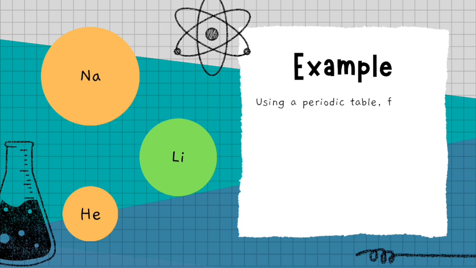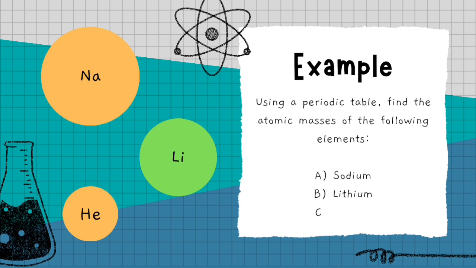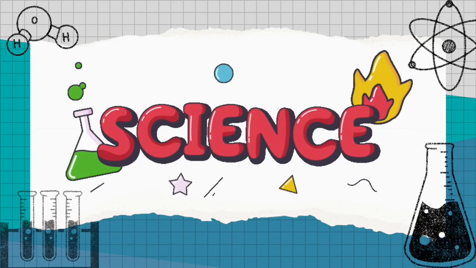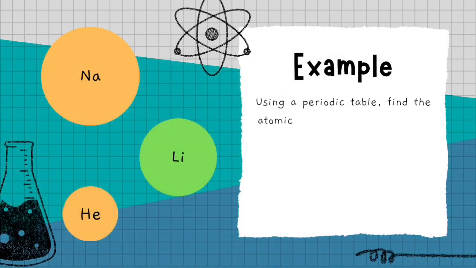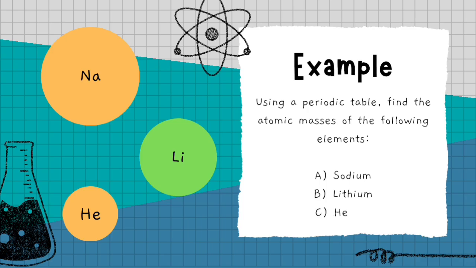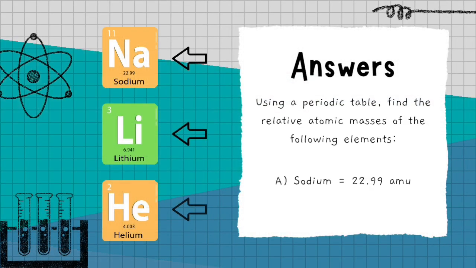Right, let's have this example. Using a periodic table, find the atomic masses of the following elements: A. Sodium, B. Lithium, C. Helium. Try to answer it on a scratch paper. Okay, so what is the atomic mass of sodium? 22.99 atomic mass units.